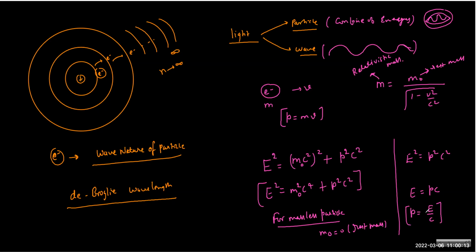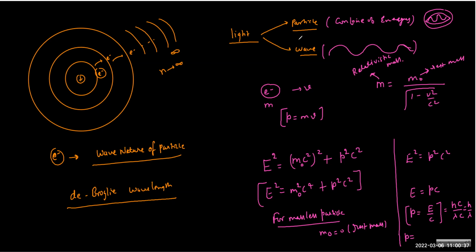Therefore, for any electromagnetic wave, this is the relation. We know that energy for the wave we can write as h nu or hc by lambda, and if you divide by c, what you get is h by lambda.